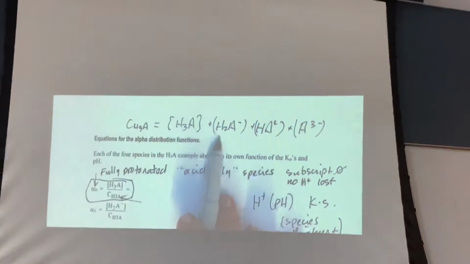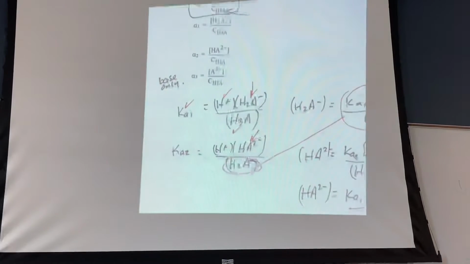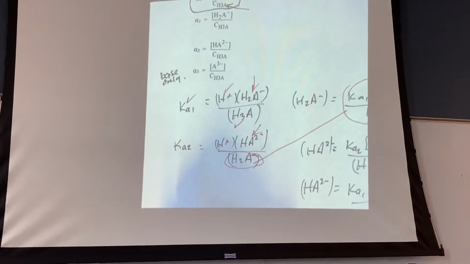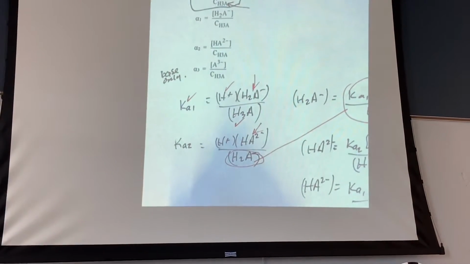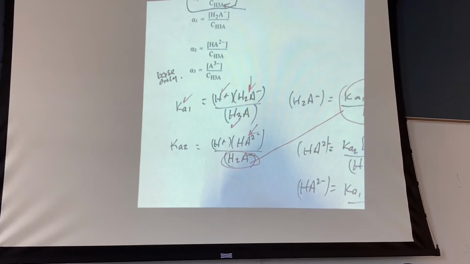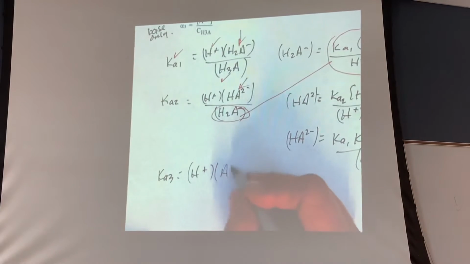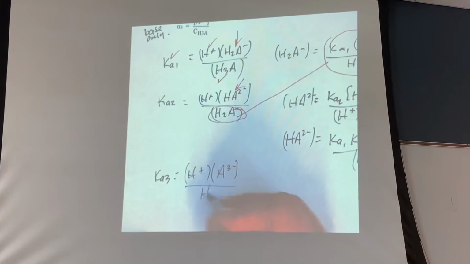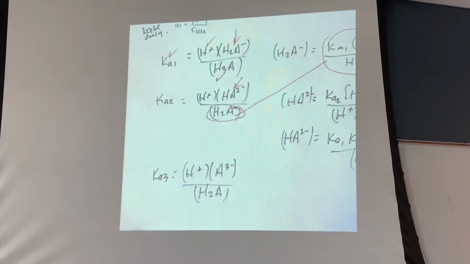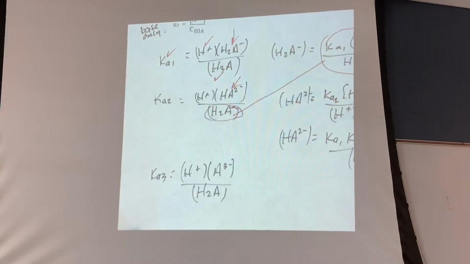I'm going to get an expression for each one of these, and that's going to allow me to calculate my denominator term. Now I want from Ka3, H plus equals A3 minus over HA2 minus. Can you see where we're going with this? We're just going to keep successive substitution.